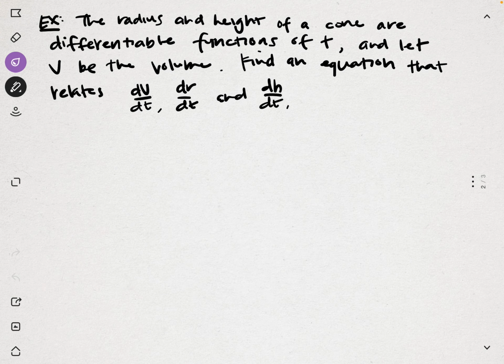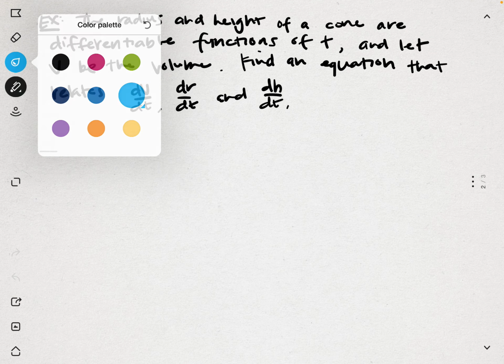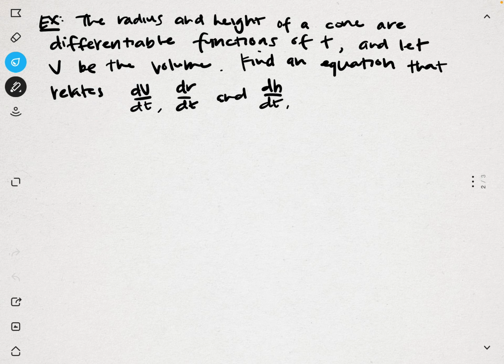Similarly, we're just setting these up. So it says the radius and height of a cone are differentiable functions of t, and let v be the volume. Find an equation that relates dv/dt, dr/dt, and dh/dt. So let's see. We have some cone.